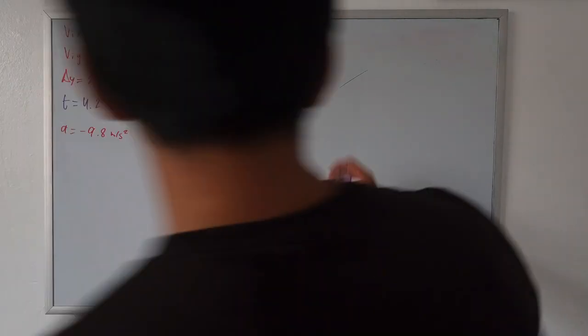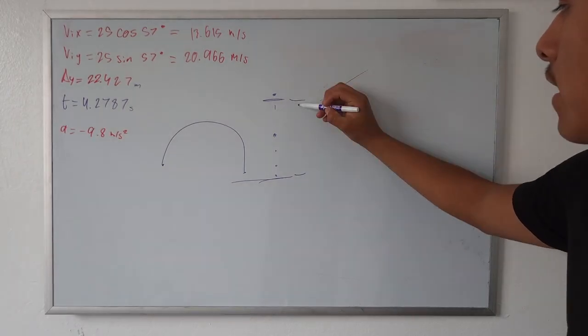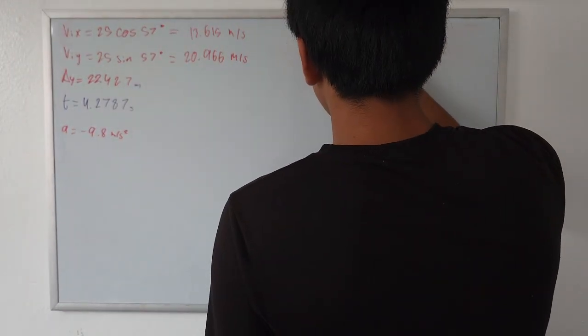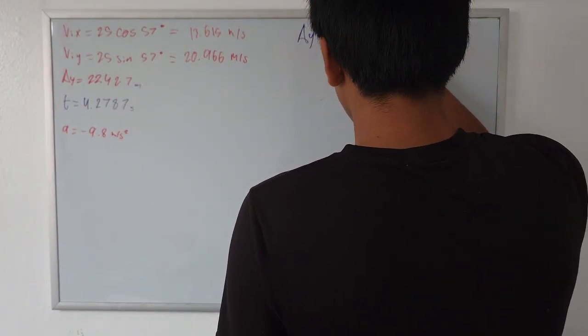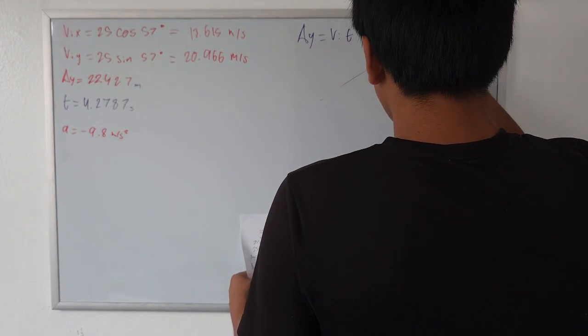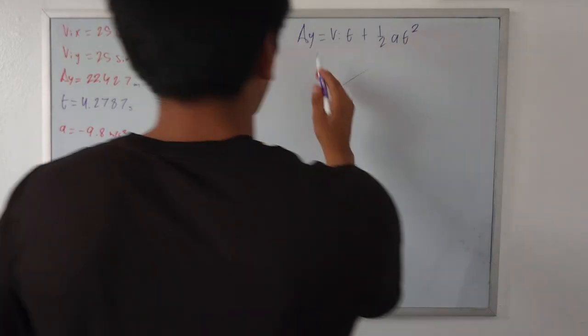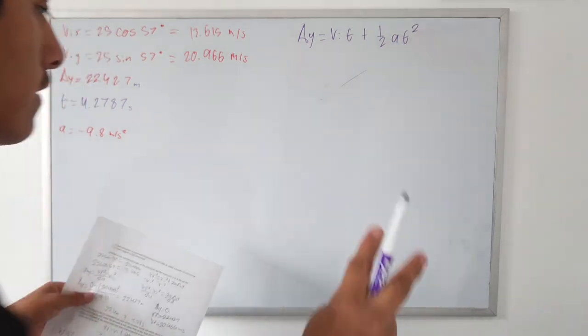So we're trying to look for the height right here, the height of this second one. So to do that, we're going to use this equation, which is delta y equals velocity initial time plus 1/2 acceleration time squared. This is for the second object.